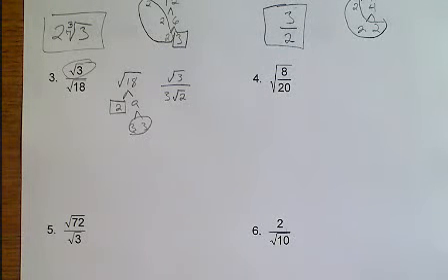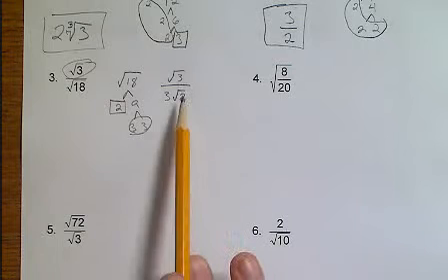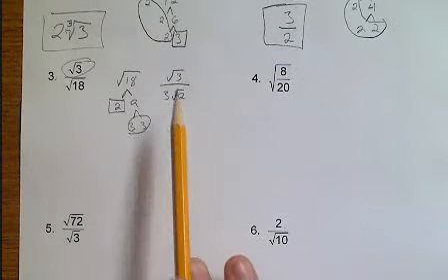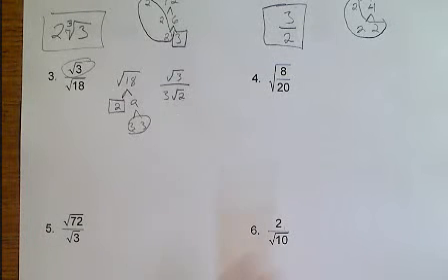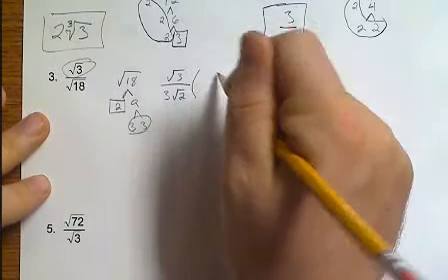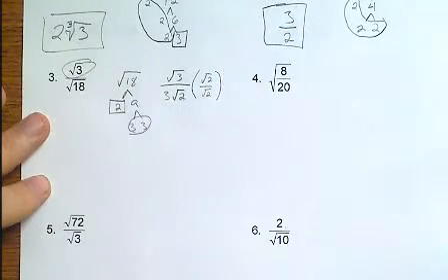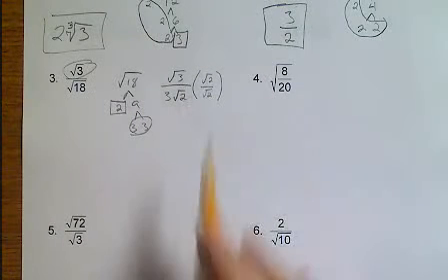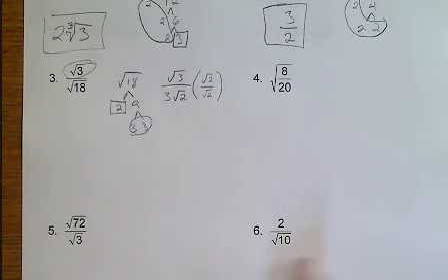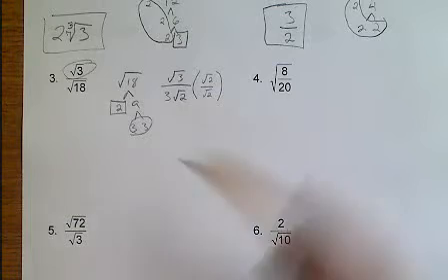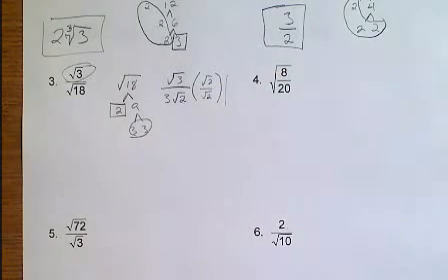Now, this is not fully simplified yet, because one thing I want to tell you is that we do not want to see radicals in the bottom. So to get rid of it, I'm going to multiply by the square root of 2 over the square root of 2, which anything divided by itself is 1, so I'm really multiplying by a fancy version of 1. So let's see what I get.